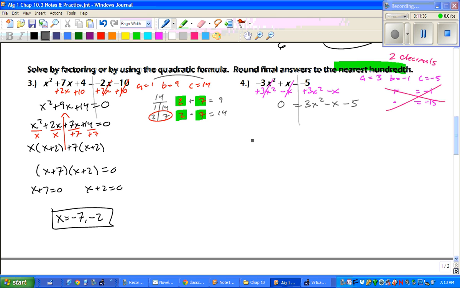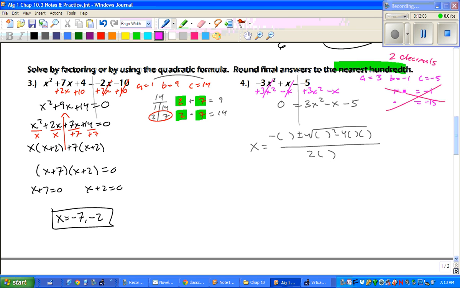All right, so what I'm going to first do is I'm going to sing it, and we're just going to put the parentheses where things go. So x equals the opposite of b plus or minus the square root of b squared minus 4ac, all divided by 2a. Okay?